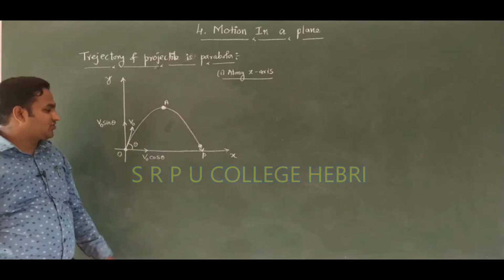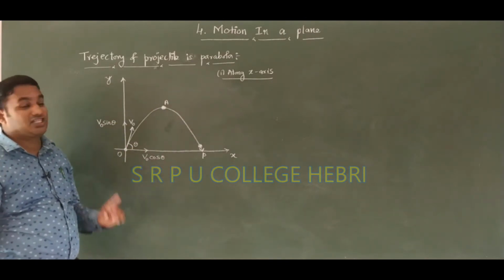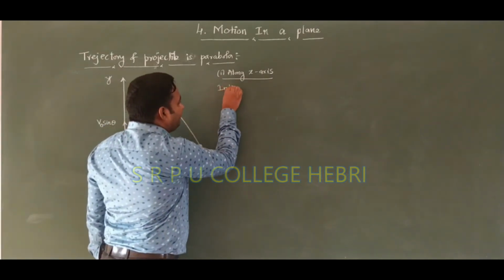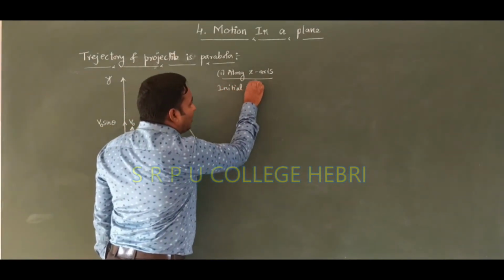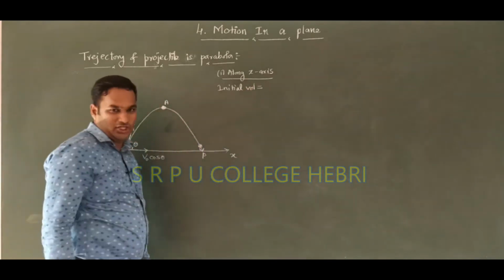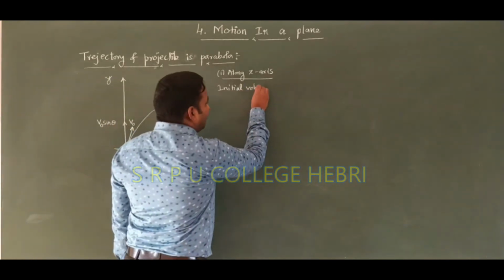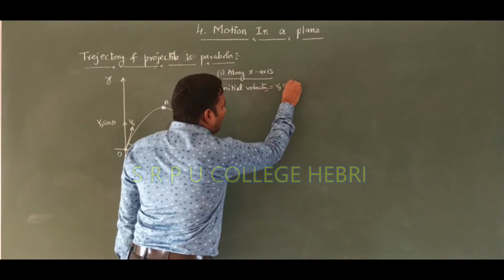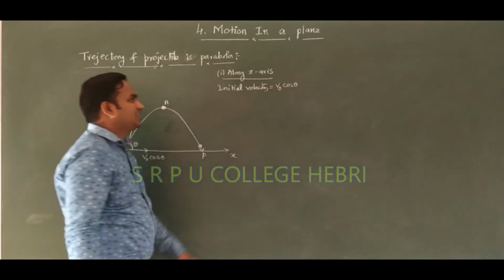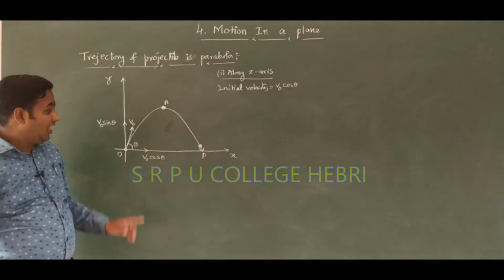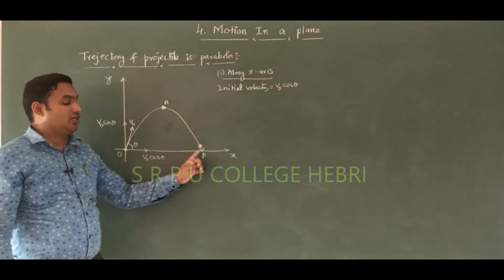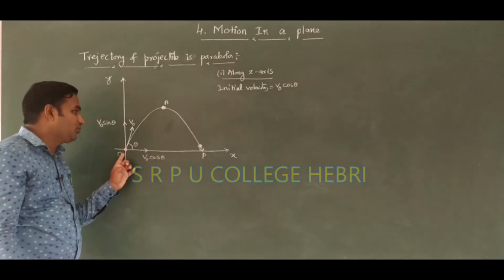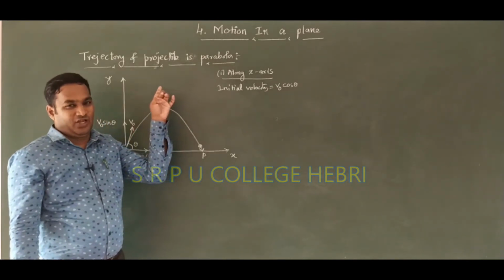Again, along x-axis initial velocity is V naught cos theta. Along which axis? X-axis. Along x-axis, is the particle moving? No. The particle is moving in upward direction.